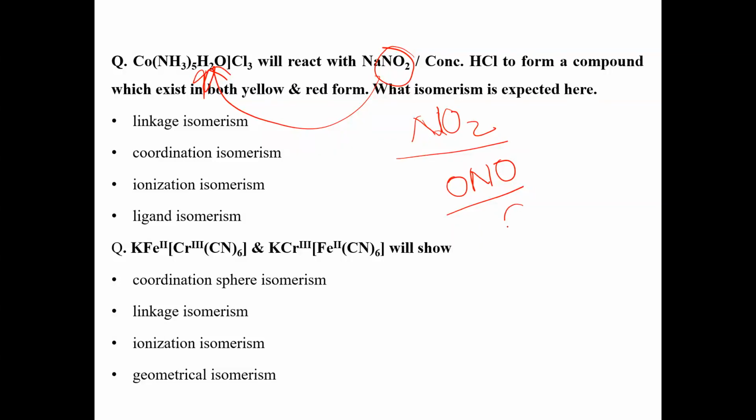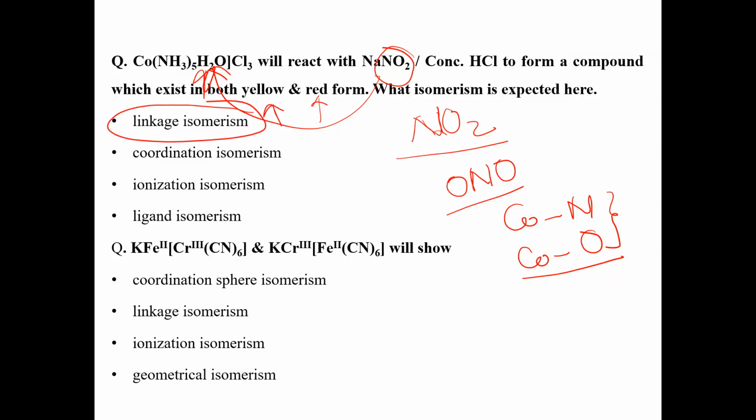It can have a cobalt-nitrogen bond, or it can have a cobalt-oxygen bond. On the basis of these bonds, you are getting a different color, yellow and red. So what isomerism can I expect? It is basically linkage isomerism, right?